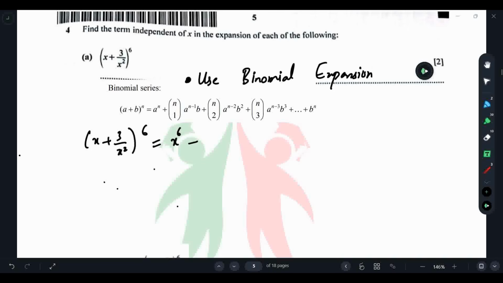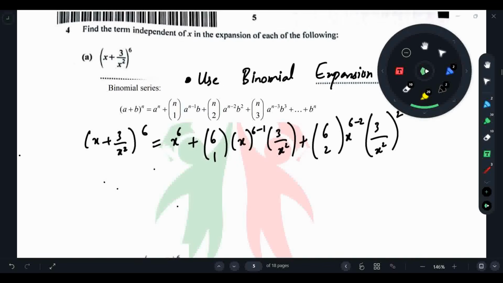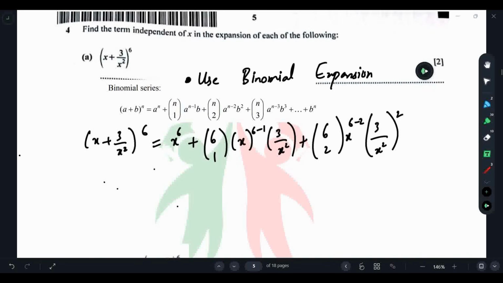So x power 6 plus 6C1 x power 6 minus 1, which is 5, into b, where b is 3 by x squared, plus 6C2 x power 6 minus 2, which will be 4, into (3 by x squared) whole squared. Now we can directly see that this will be the required term, so no need to solve the remaining two.